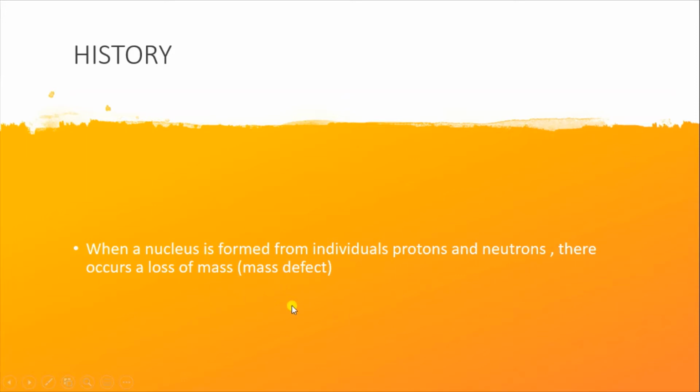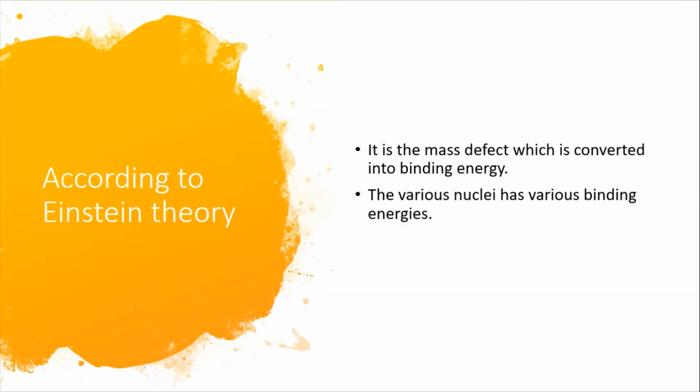We have discussed it before in the form of mass defect. According to Einstein's theory, the mass defect is converted into binding energy. So according to Einstein, the mass defect, which is the difference between actual mass and experimental mass, is also known as binding energy. Various nuclei have various binding energies.